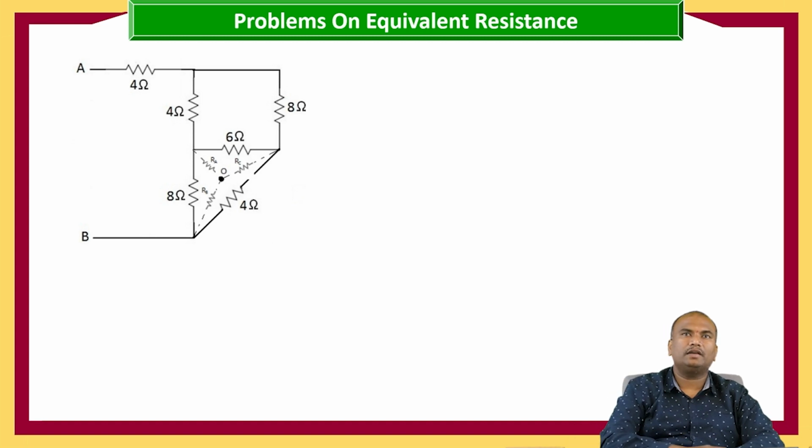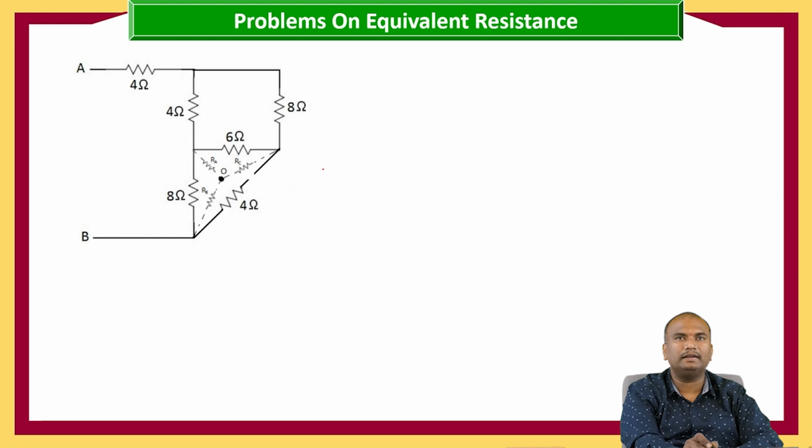Now let us go with the problems where we are going to have the star to delta and delta to star transformations. Now here, if you see this circuit, this is the circuit which is given. Here we cannot say that the resistors are in series or parallel.